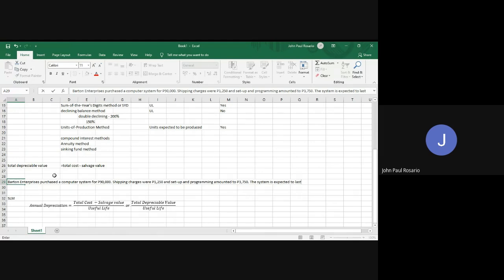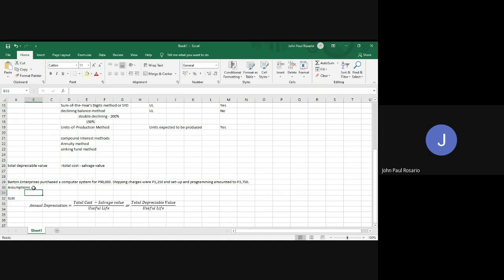Okay, sige. So with that, let's have the following assumptions. First assumption, the system is expected to last 4 years and has a residual value of 15,000.